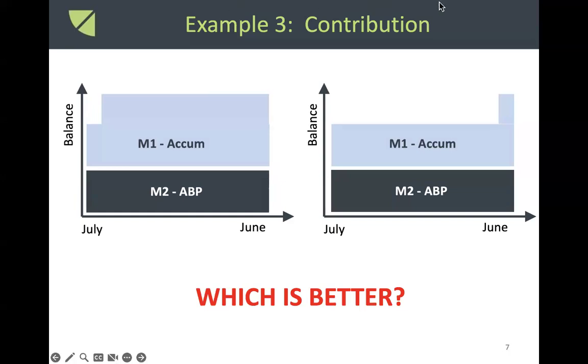And I'm going to run another poll here. As I said, there'll be two polls today. This is the second and final poll. Okay, so you should be able to see those results. And what's better, to contribute early in the year or to contribute late in the year?